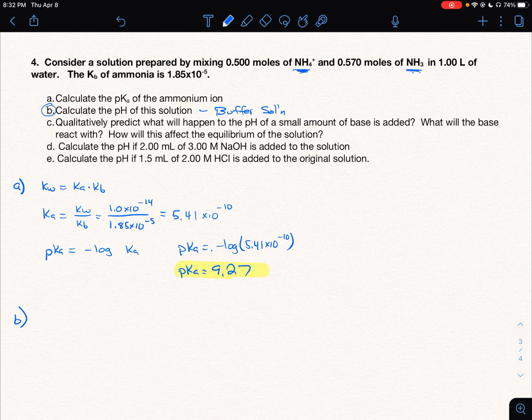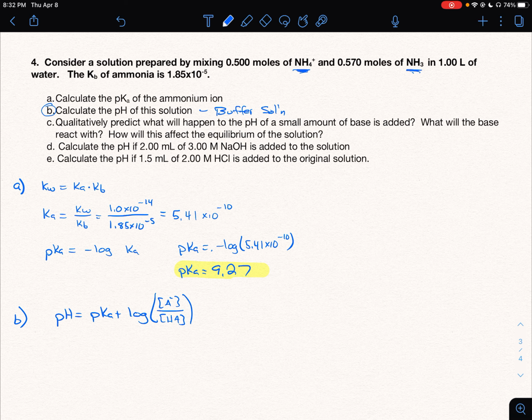And so when we go to calculate the pH, we can actually use our Henderson-Hasselbalch equation. pH equals pKa plus the log of the concentration of conjugate base over the concentration of HA. And we can use this because we have a buffer solution.